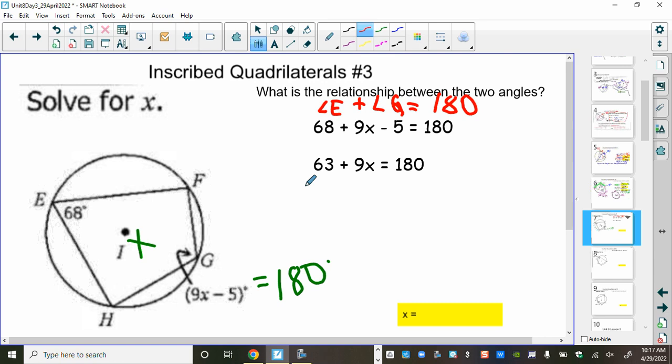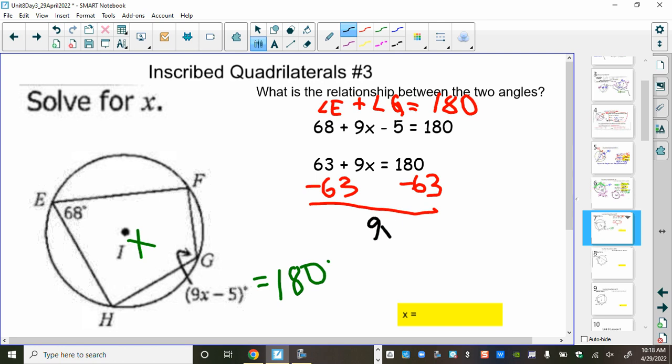So minus 63, because after we combine terms, it comes down to 117. So then we're going to have 9x is 117.